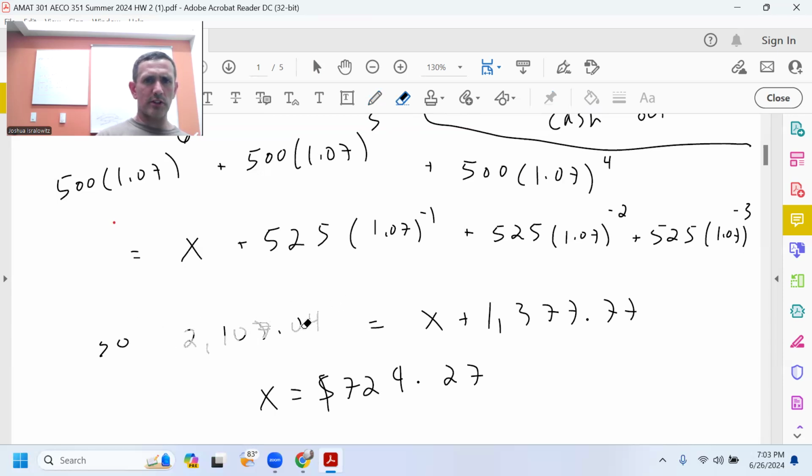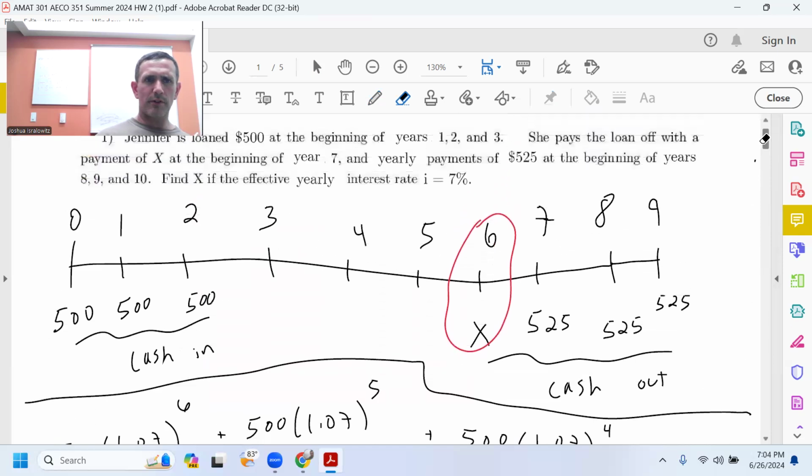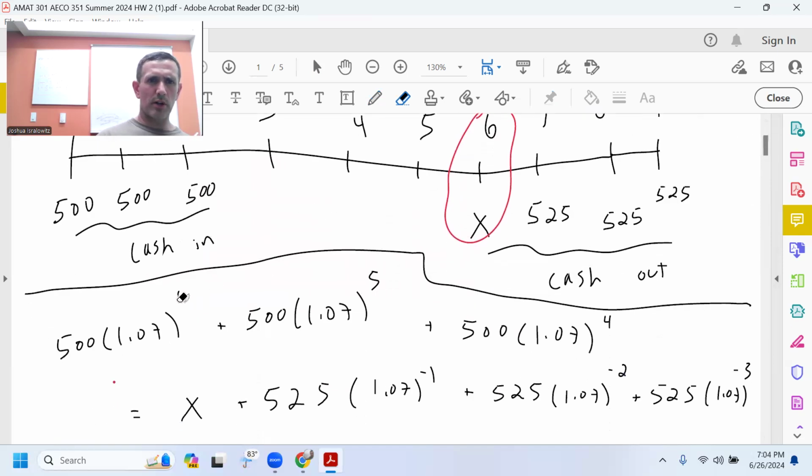I actually didn't compute both sides doing that, so I'll skip this step, but I'll otherwise just take present value of everything. Shouldn't take too long to write. So the first 500 is already at t equals 0, so you don't discount that by anything at all.